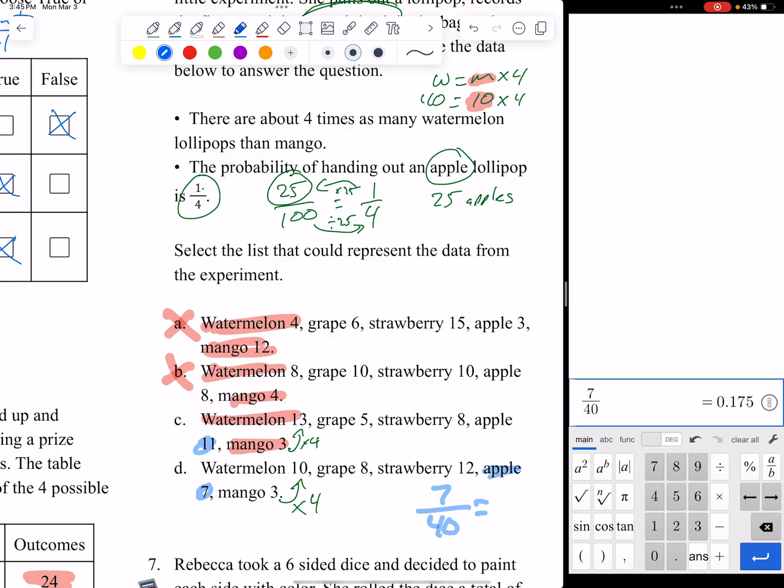That is not 0.25, that's 0.175. Let's do the top one. I had 13, 5, 8, 11, and 3. So this is also out of 40, but I had 11 apples. If I do 11 divided by 40, that gives me 0.275. And 1/4 is 0.25. So the closest one is C. Okay, so I overdid it at the beginning.